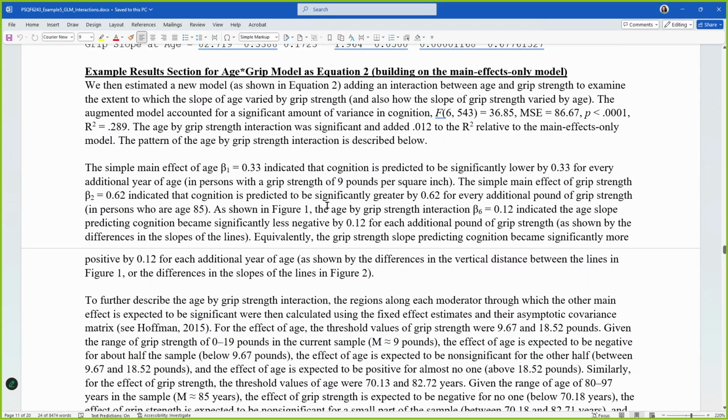So I am describing this algorithmically, but what is not in any of these results sections is the context. So this gets to your question about which is the moderator and can you pick? I'm just laying out that this means this, this means this, this means this. What you would need to add to make this work for a real paper is, as stated in research hypothesis 1, we found this result.